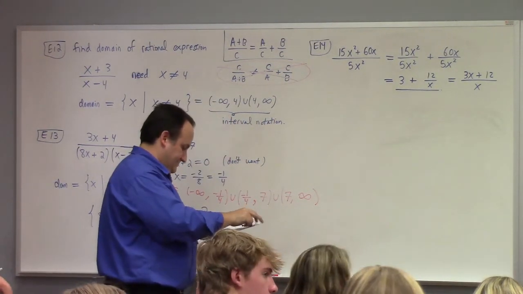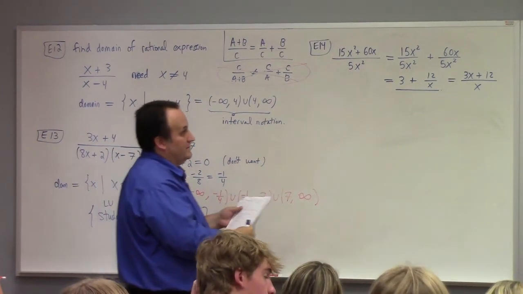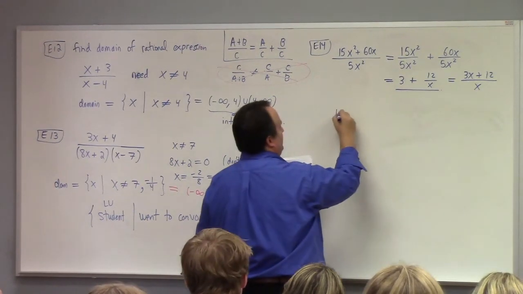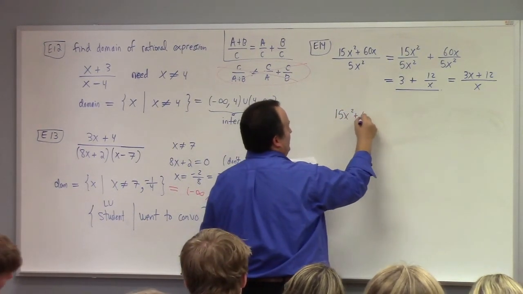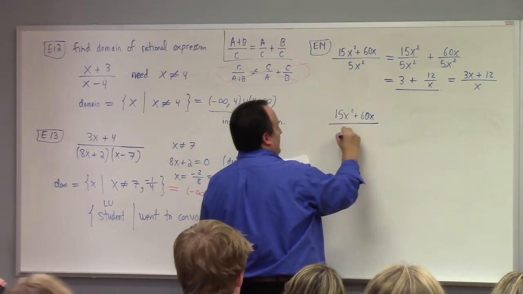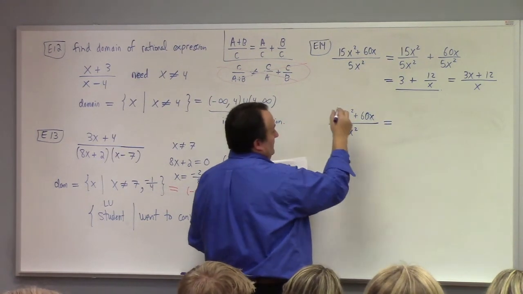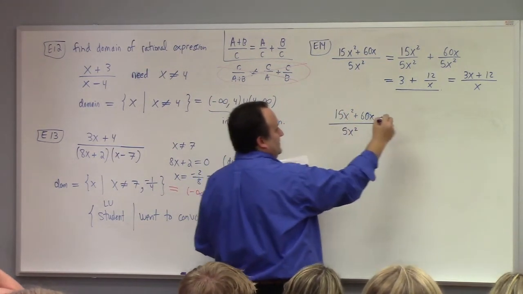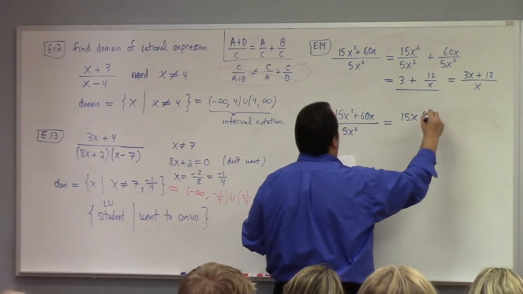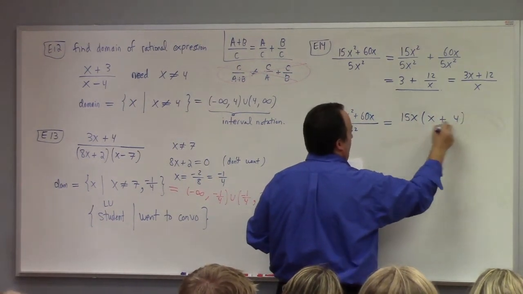I can't really see this in my head, so can you write out the second one? Sorry, that one, where this came from? Sure, it's like this. So 15x squared plus 60x over 5x squared. What he's doing is factoring out 15x, and what's left over is x plus 4, right?